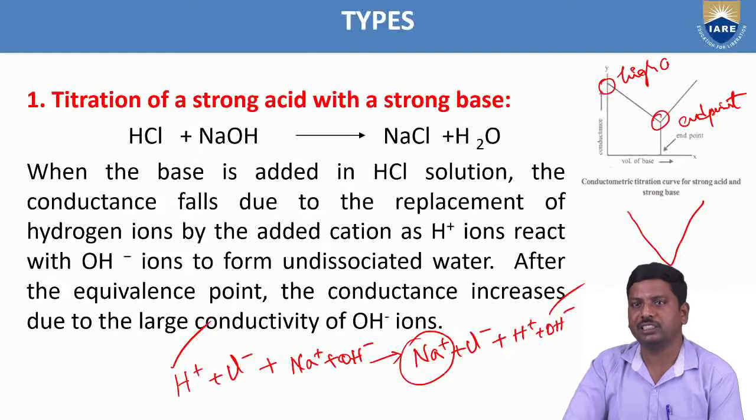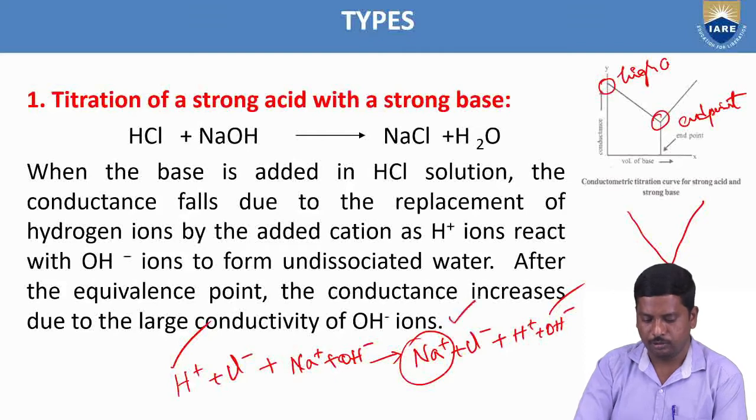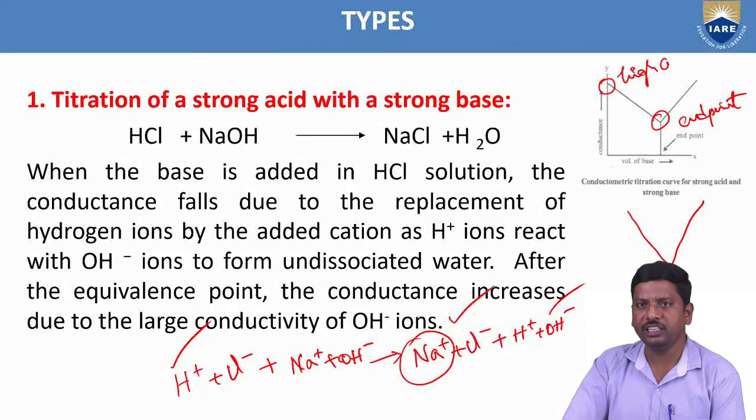That means when the base is added to the HCl solution, the conductance falls due to the replacement of the hydrogen ions by the added cation, as H plus ions react with the OH minus ions to form undissociated water. After the equivalence point, the conductance increases due to the large conductivity of the OH minus ions. This is the first type of reaction involved in conductometry.